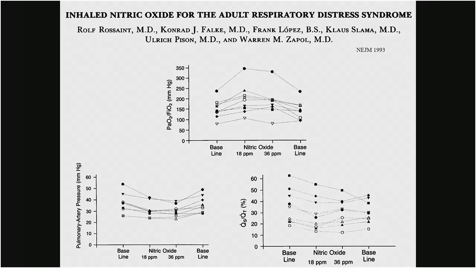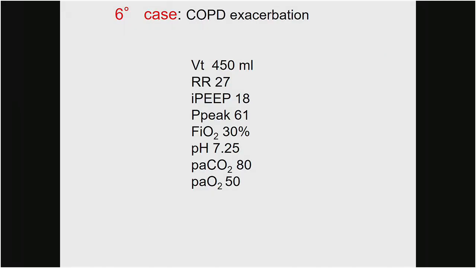I insisted on this, although it has been shown not to improve outcome in patients with ARDS, because there are a lot of trials going on trying to study the role of high concentration inhaled nitric oxide as an antiviral measure. So I thought that we need to be more familiar with the applications of this kind of treatment. Next slide is the sixth case.